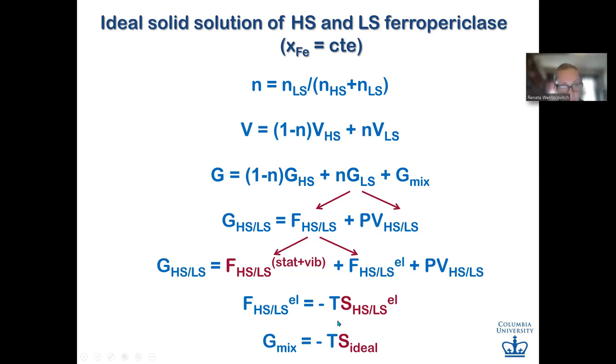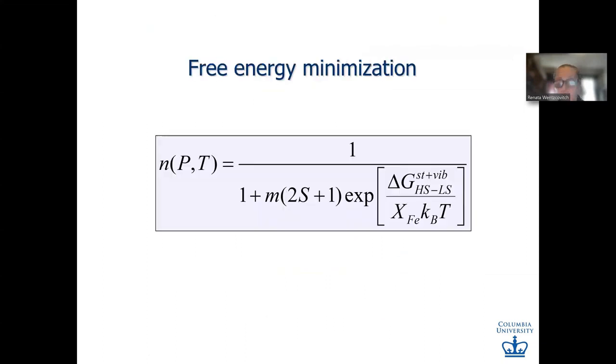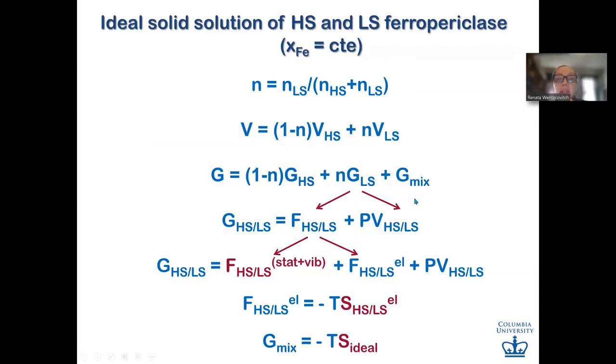So I can show you this term at the end as well if you want to see, but that's where the magnetic or electronic entropy comes from. And this G mix is the G ideal, the typical n log n plus (1 minus n) log (1 minus n). So then we have this free energy here, right?